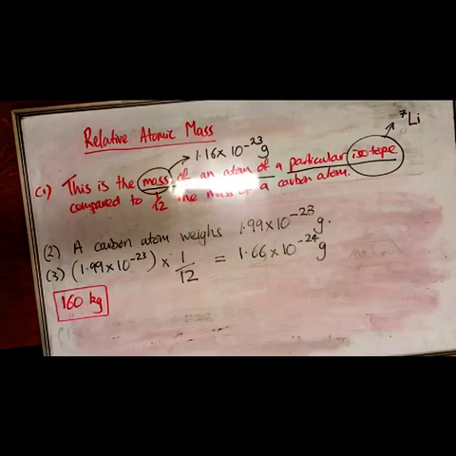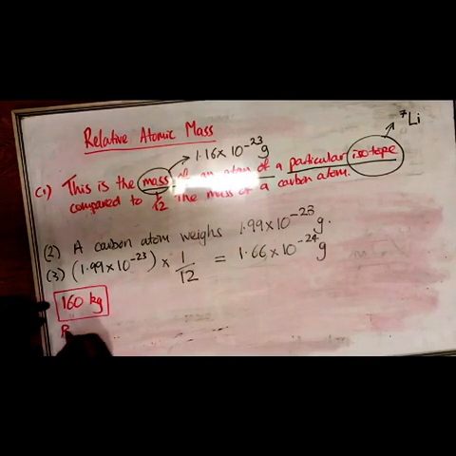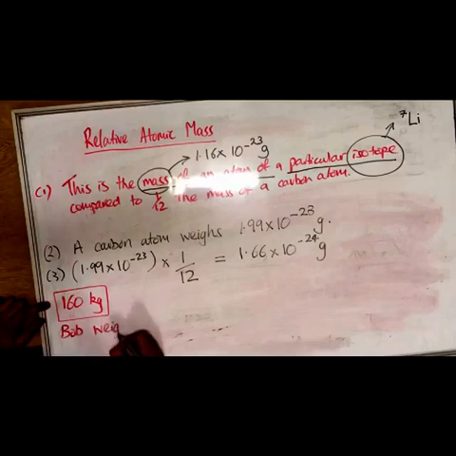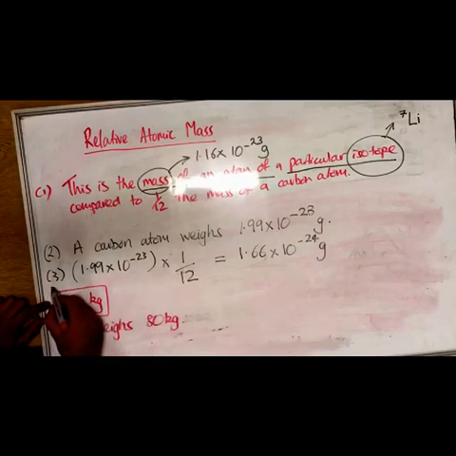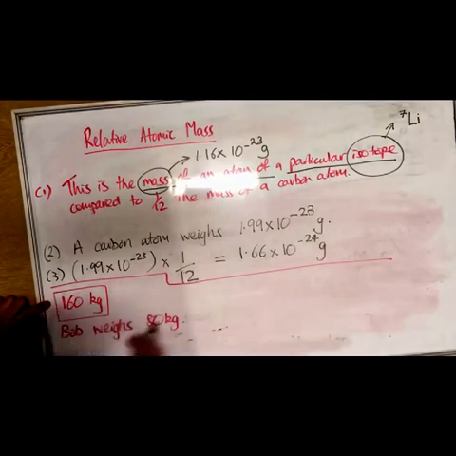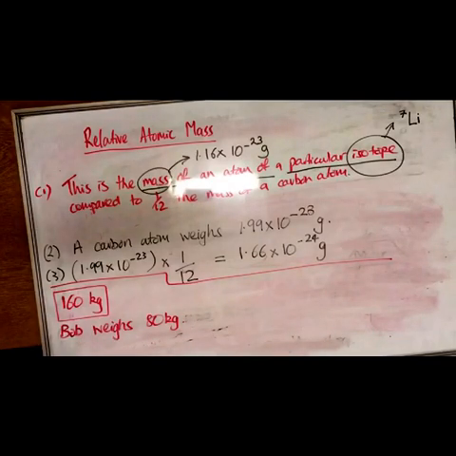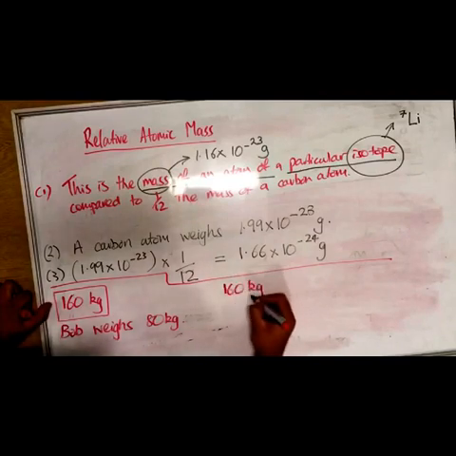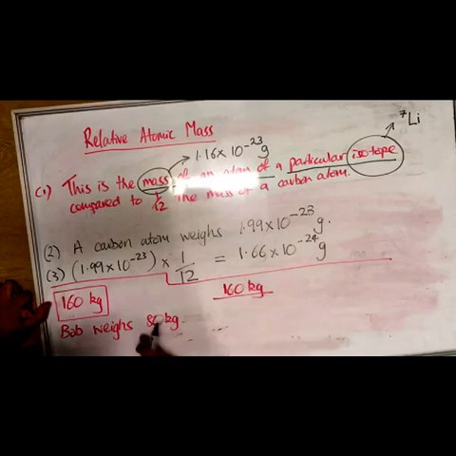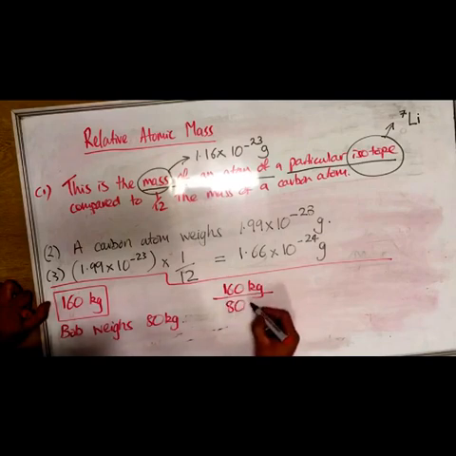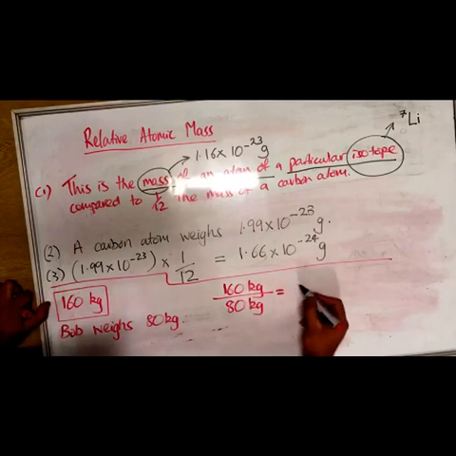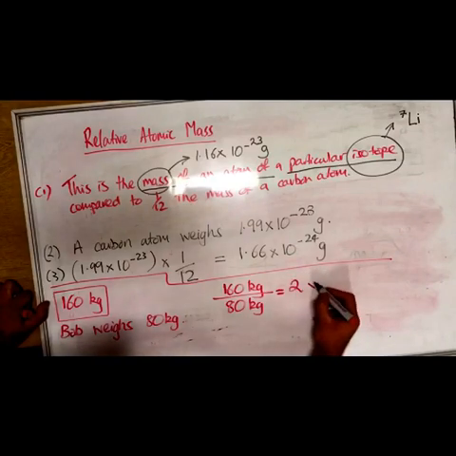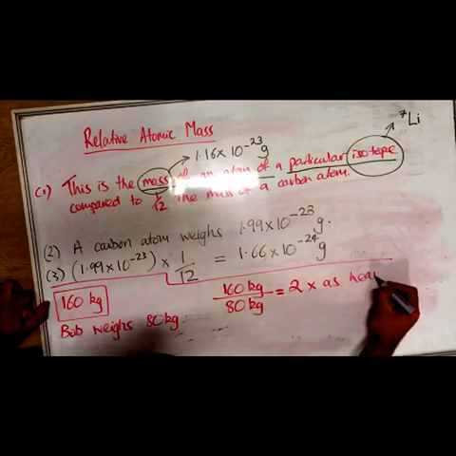Let's say the person we were comparing it to, let's call him Bob, weighs 80 kilograms. So to work out the relative mass of me in comparison to Bob, we take 160 kilograms and divide it by Bob's weight, which is 80 kilograms. That means I am 2 times as heavy as Bob.